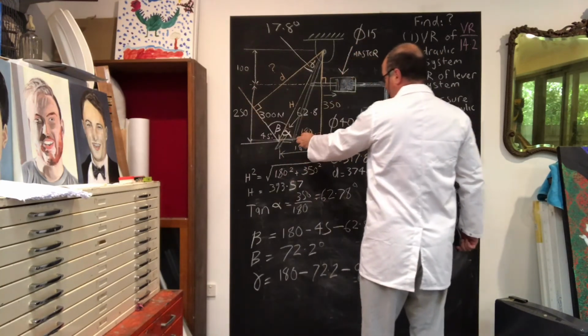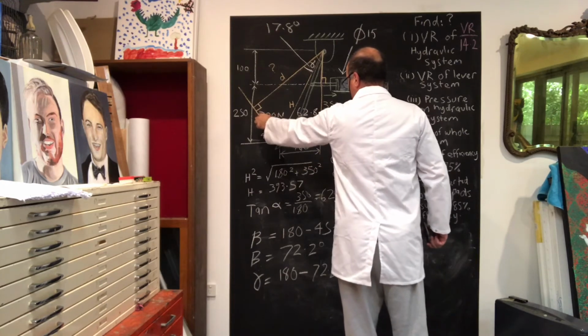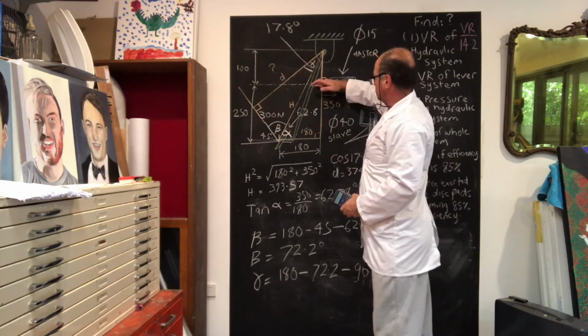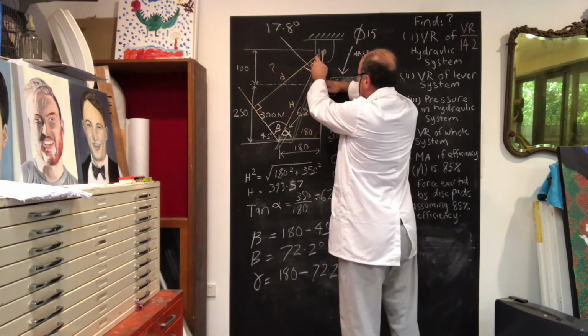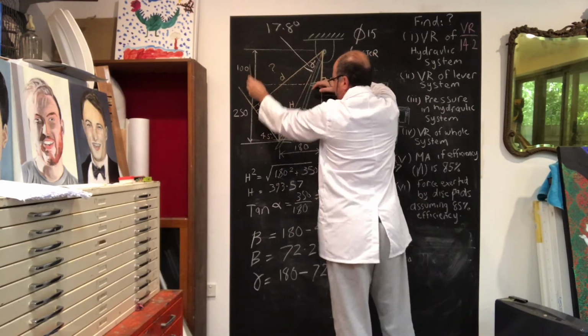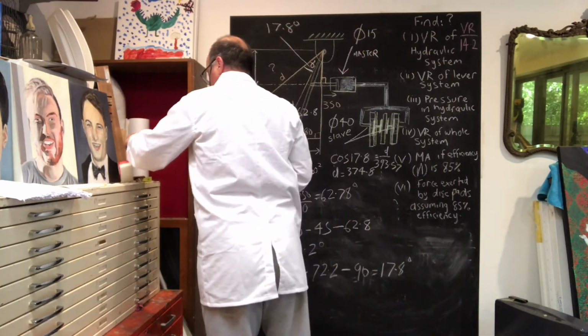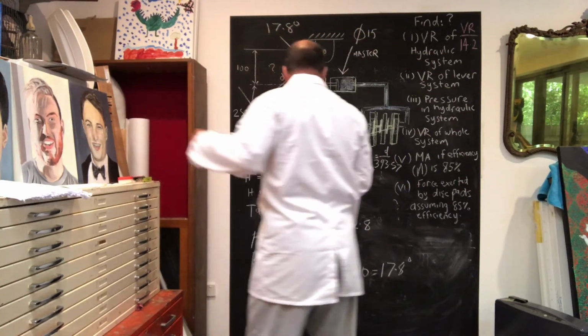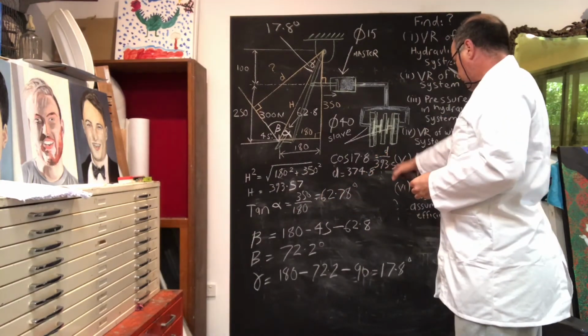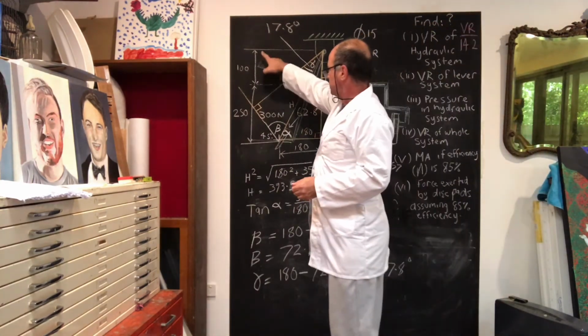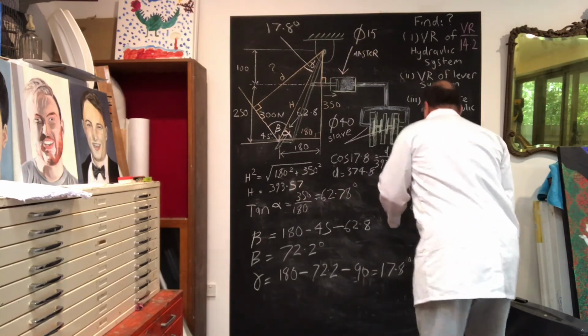What's our distance load? Well, our load is here, and our perpendicular distance has already been given to us. So all we need to do is take that value of D that we calculated, 374.8, and divide it by this distance here.